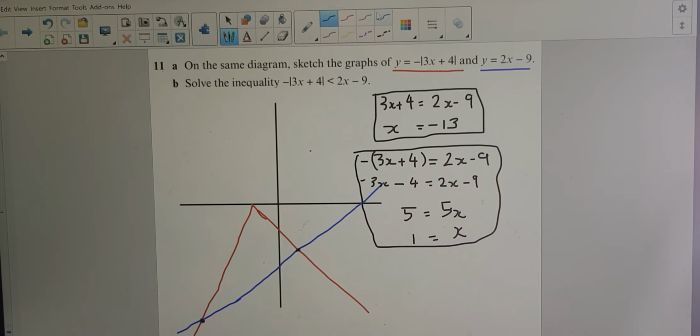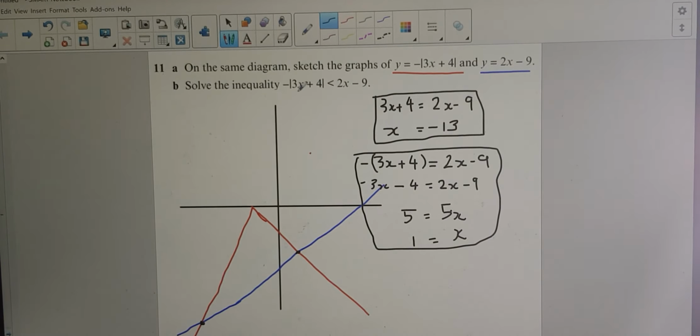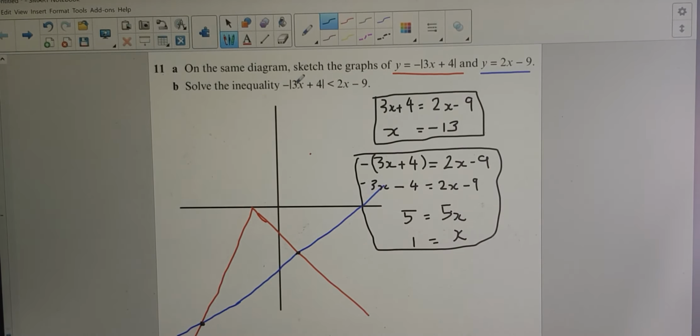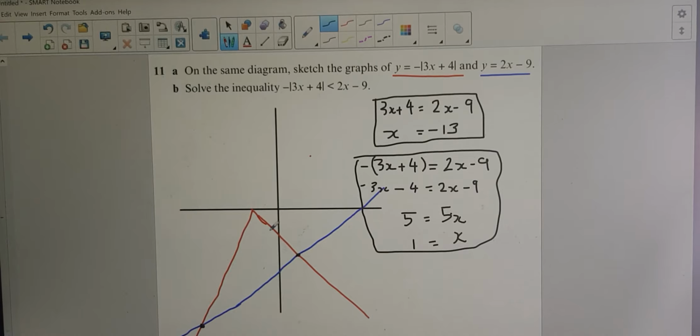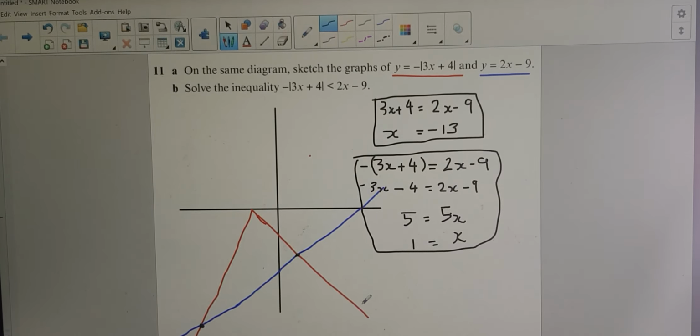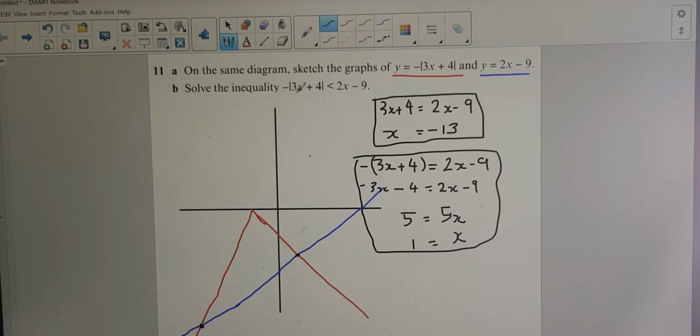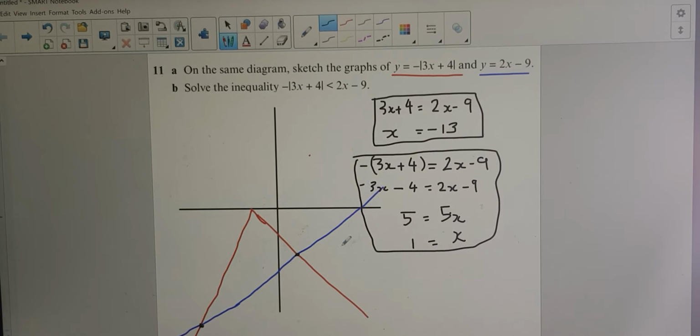Now it's very important the format of the inequality. This one says where the line of negative the modulus of 3x add 4, which is this red line, is less than 2x minus 9, i.e. for what values of x is the red line underneath the blue line.